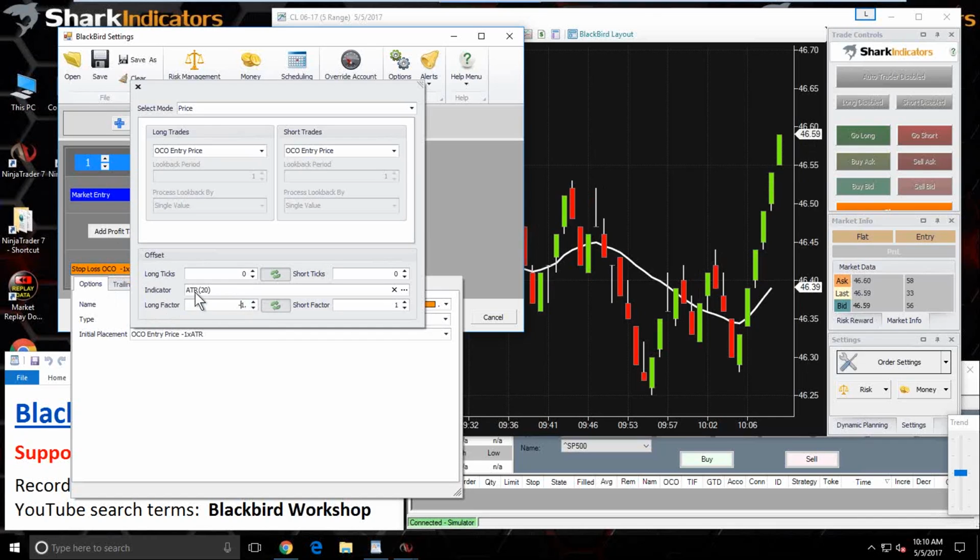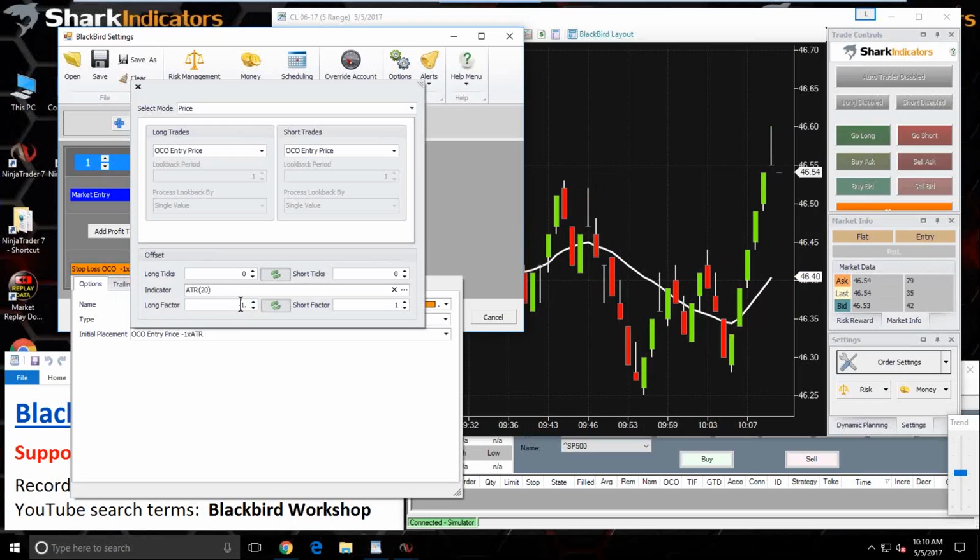If you use an indicator to calculate your offset distance, then using the long factors, if you're using just a factor of 1, just a -1 multiplication factor times the ATR, consider 1 as x.